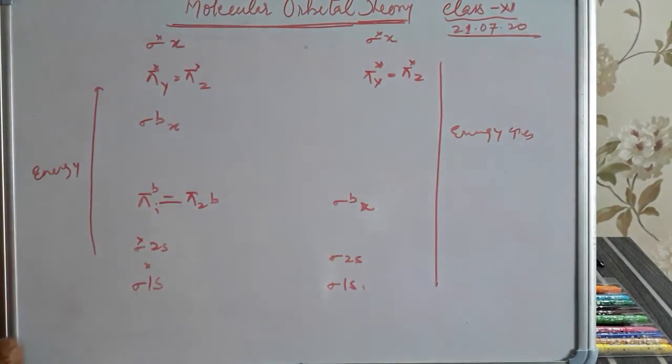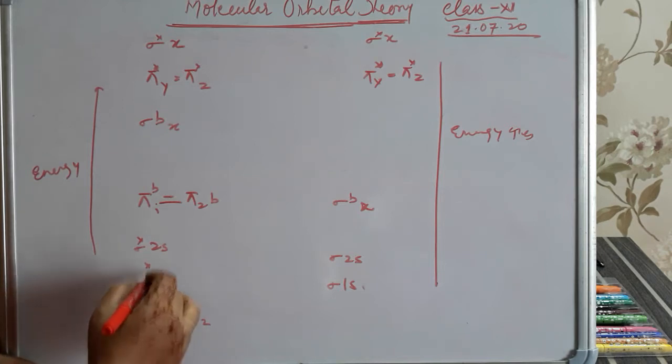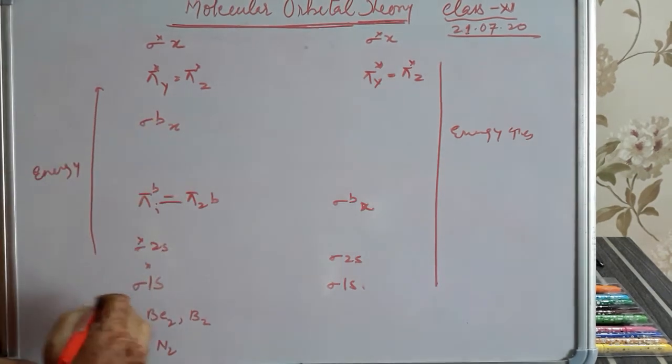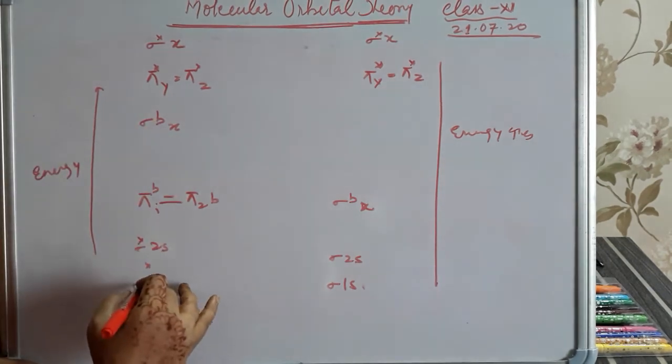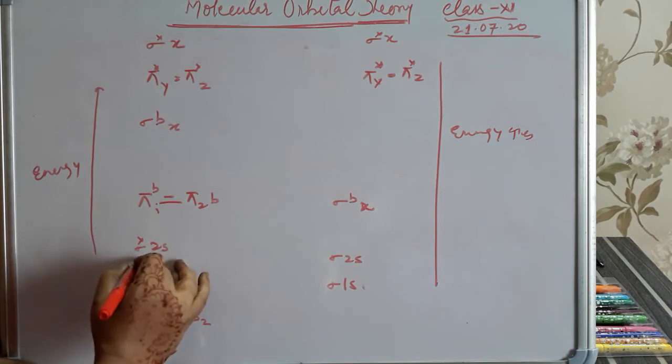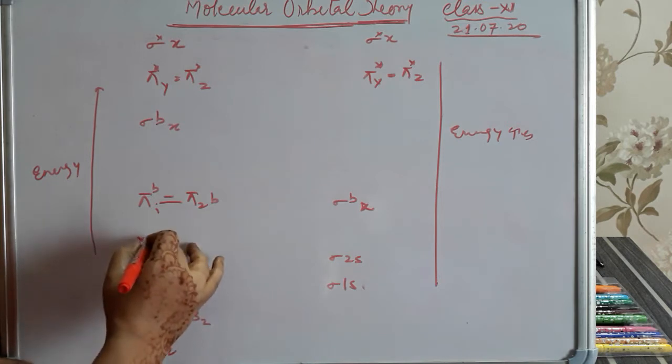For molecules like lithium, beryllium, boron, carbon, nitrogen, we use this type of increasing order of orbitals: sigma 1s bonding, sigma anti-bonding 1s, sigma 2s, sigma anti-bonding 2s.